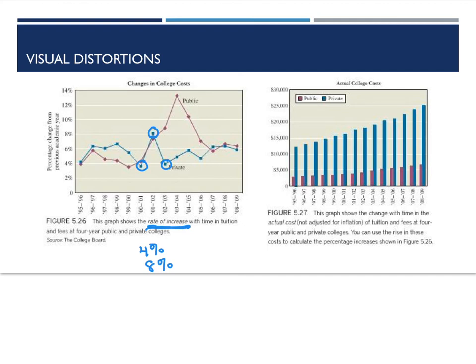Tuition still went up, but it only went up by 4%. So it increased, but it increased by less than it did last year. So the rises and falls have nothing to do with costs ever going down. A fall just means it didn't go up by as much as it did the year before.